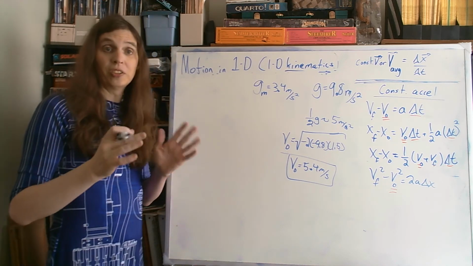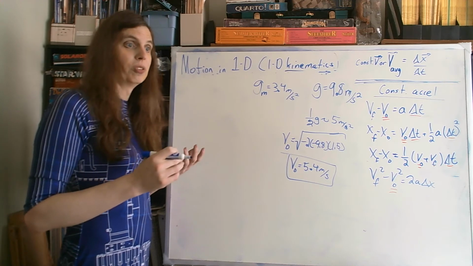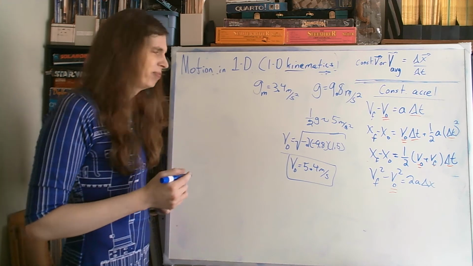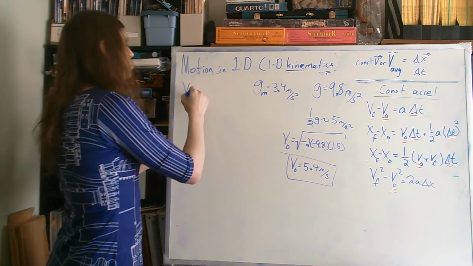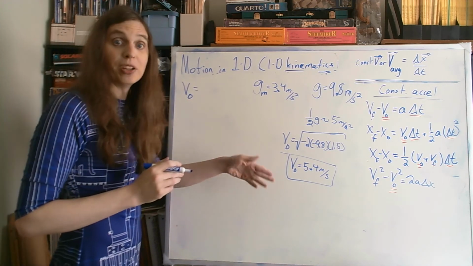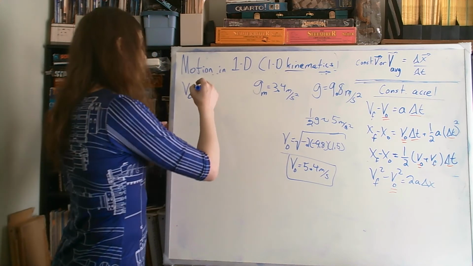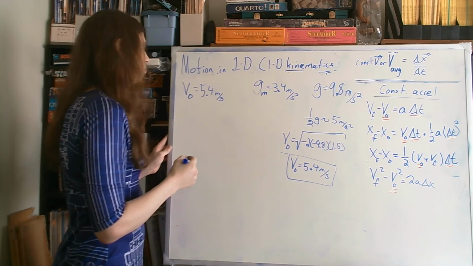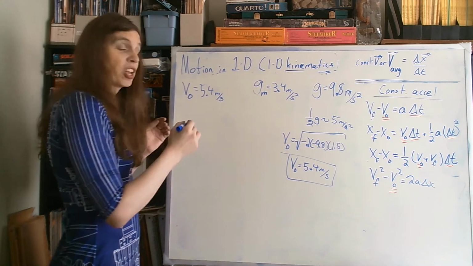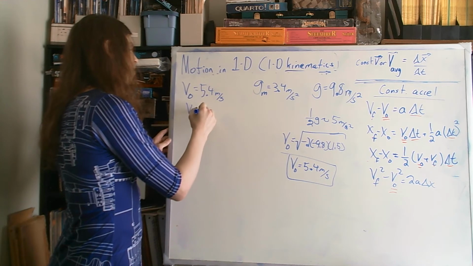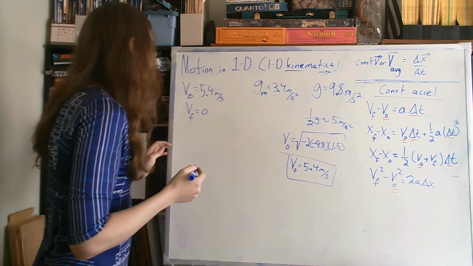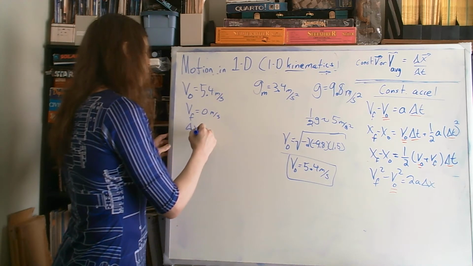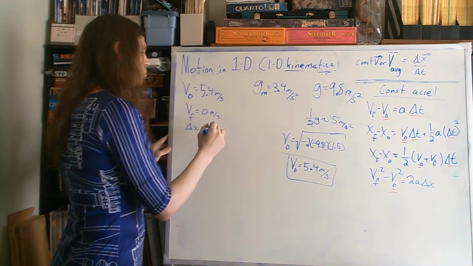Well, let's say you've got your adventure hero with Olympic class jumping. So your original speed is what we just found it to be for Olympic class high jumpers on Earth, 5.4 meters per second. And they're going to reach some maximum height at 0 meters per second. But now we want to know, what is that maximum height?